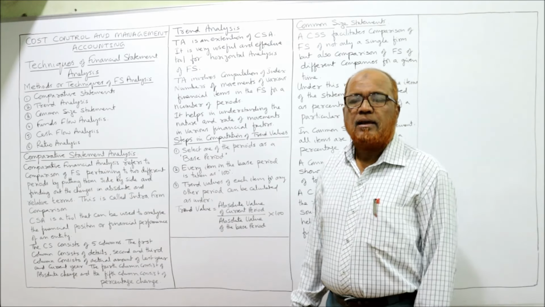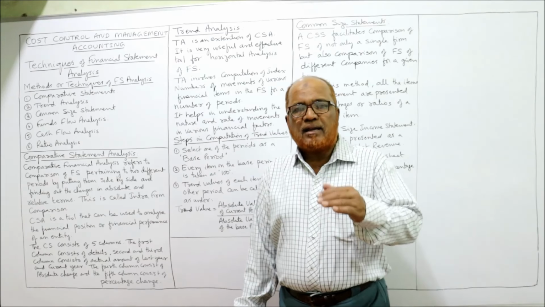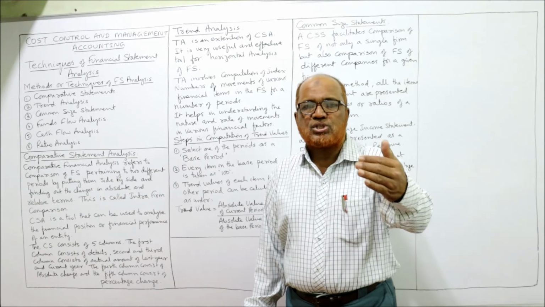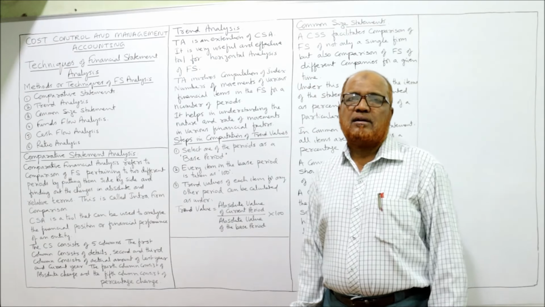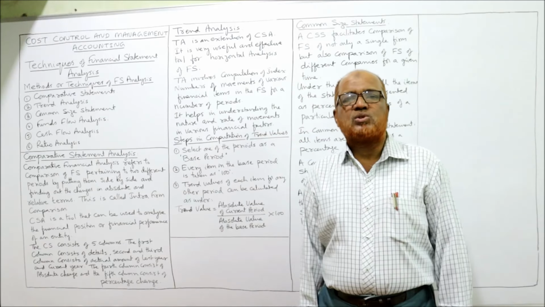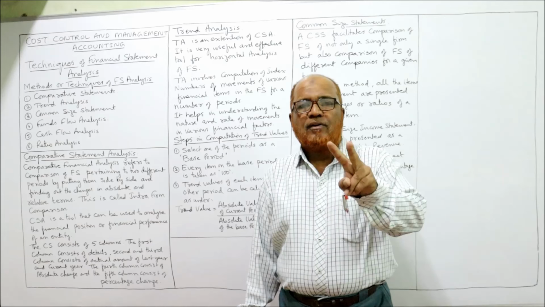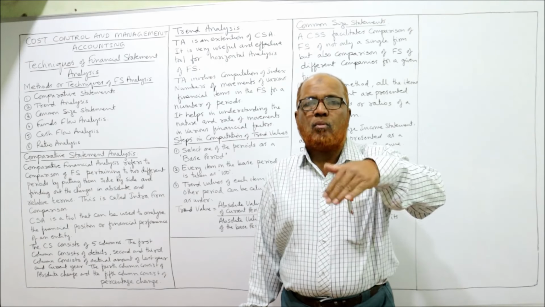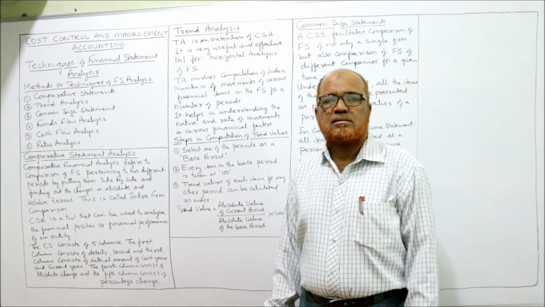That's it. Now the next technique is trend analysis. Trend analysis is an extension of comparative statement analysis. In comparative statement analysis, we are comparing only two years. When we want to compare for more than two years, then we will apply trend analysis.